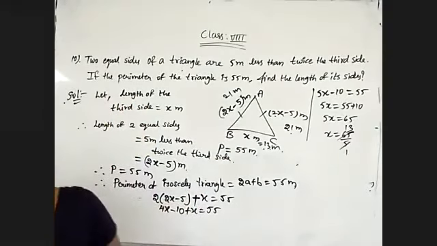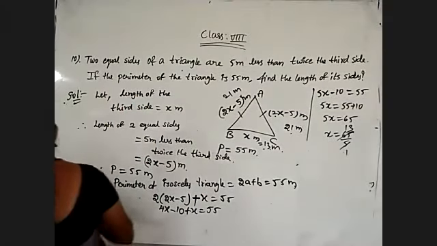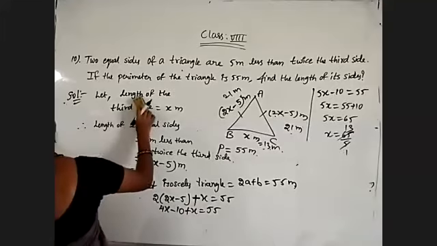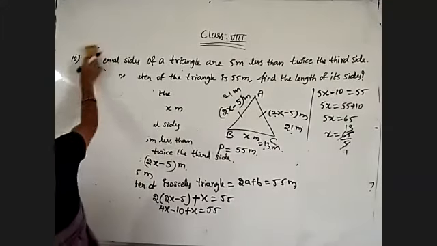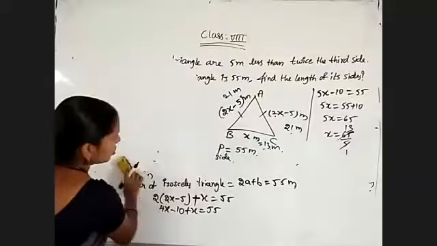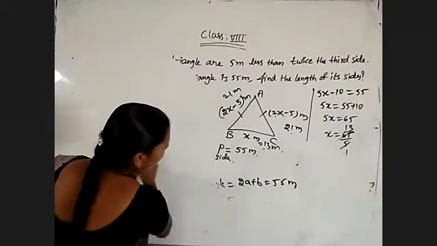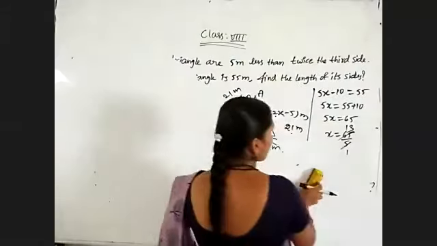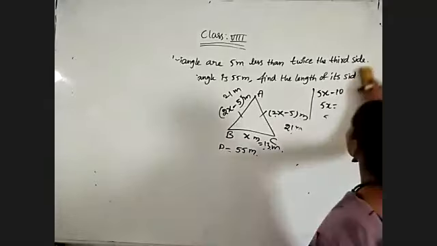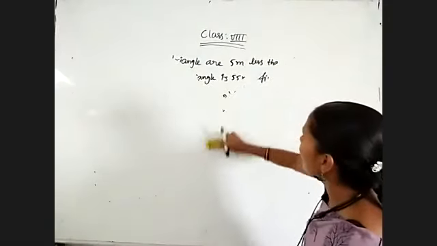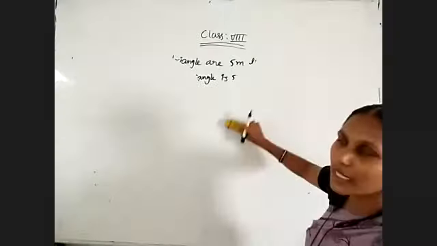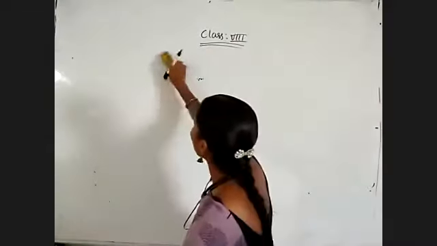Now coming to the next problem. Two complementary angles differ by 12. Find the angles. So complementary angles. I have given an example for supplementary angles. If the sum of a pair of angles is equal to 180, they are said to be supplementary angles.